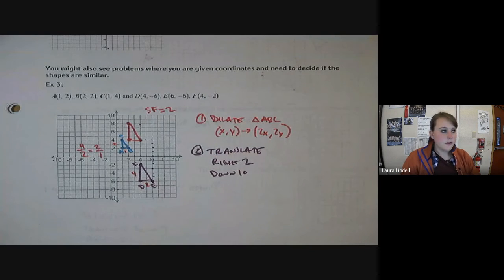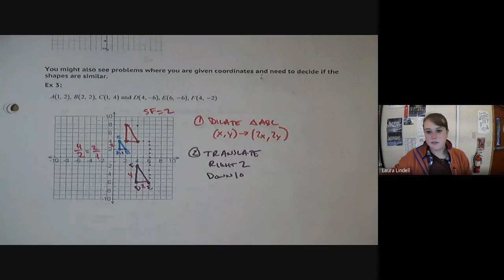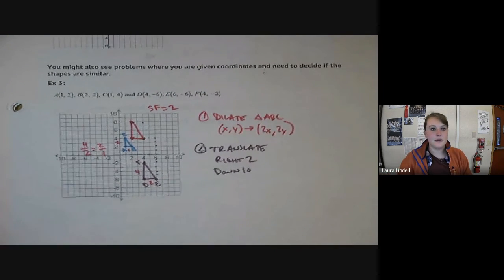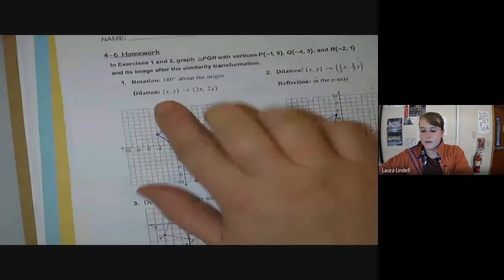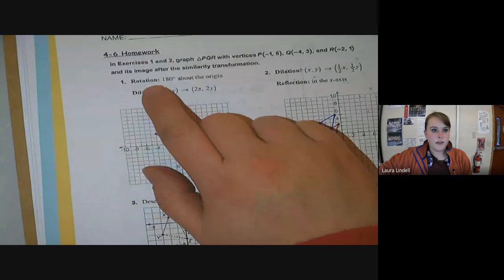Okay, so those are the kind of main types of problems that you're going to see with this. The homework assignment, if you're in my class, is the next 2 pages here. You're going to see some problems where you have to do a composition where you rotate and then dilate.